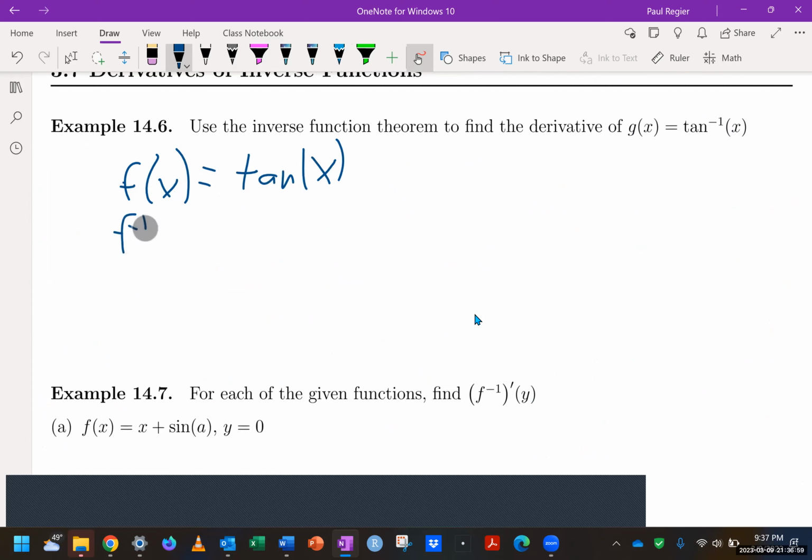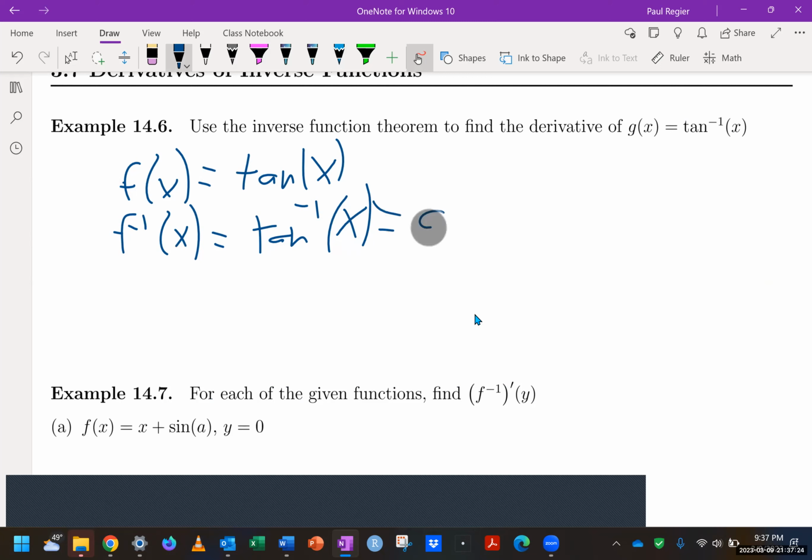So f inverse is tangent inverse. And repeating this process uses a lot of really useful techniques for solving different problems, and builds fluency for doing these manipulations, both trig and algebraic, using our inverse derivative rule.